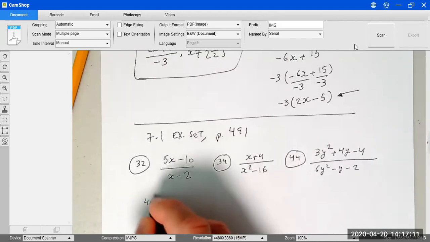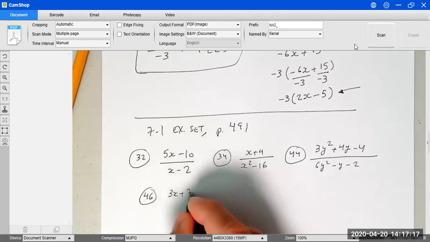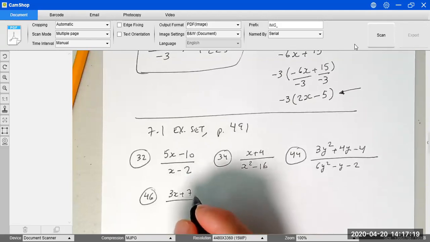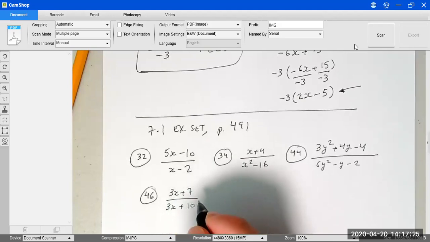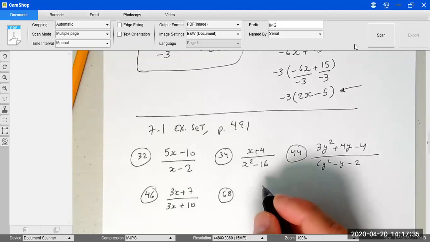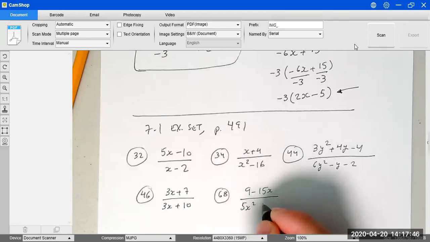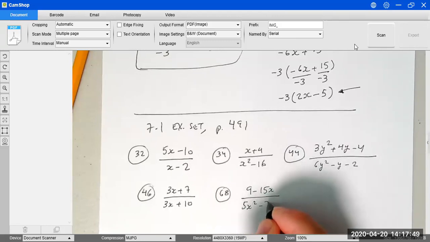So we have 46, 3x plus 7 over 3x plus 10. And then we're going to solve problem 68. 68 is 9 minus 15x over 5x squared minus 3x.